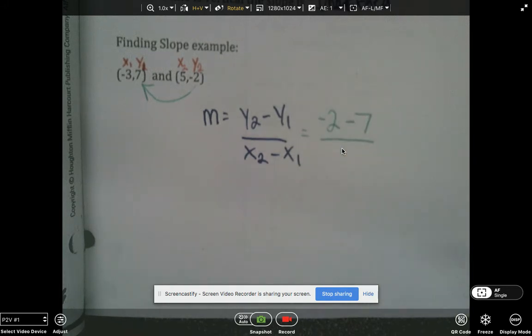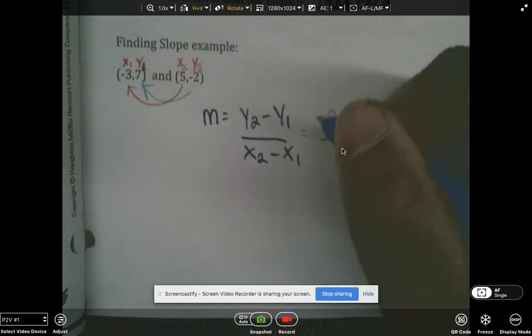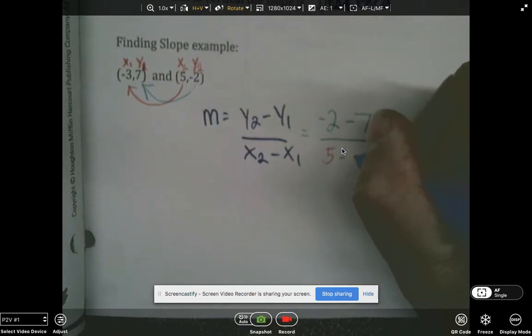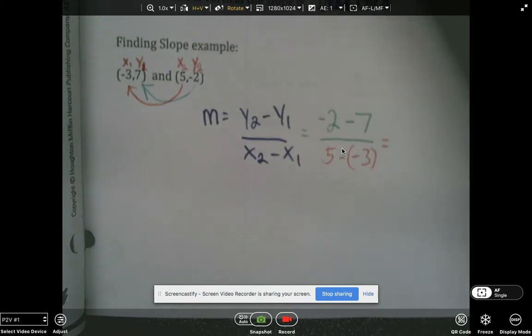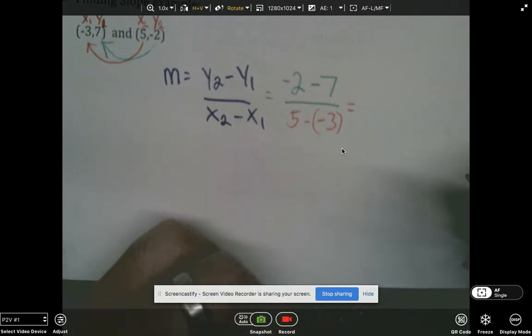All right, raise your hand. Does someone want to tell me what I would subtract for the change in x? Yeah, I'm going to subtract 5 minus negative 3. All right, so now to actually find the slope, I just need to subtract and then simplify after.